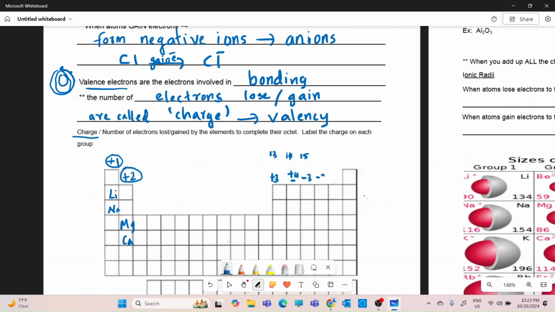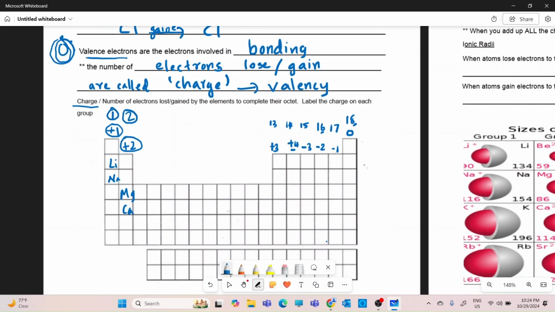Group 16 will be -2 because they have 6 electrons and need only 2 to get 8. Group 17 will be -1. And group 18 will be 0 because they already have 8 electrons in their valence shell. So group 1 is +1, group 2 is +2, and all other groups are like this.